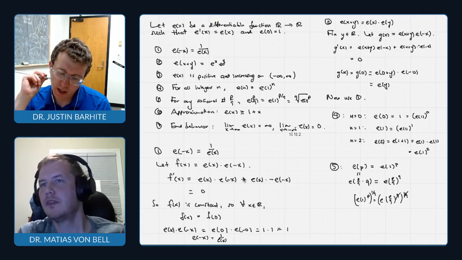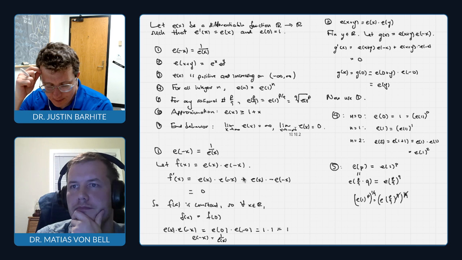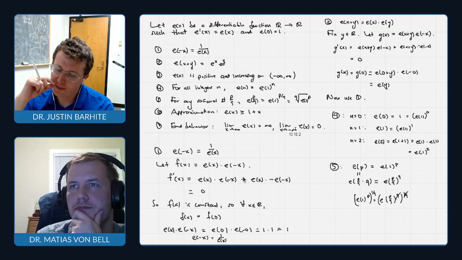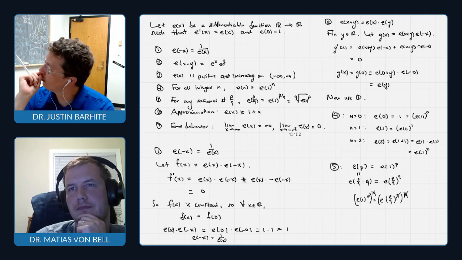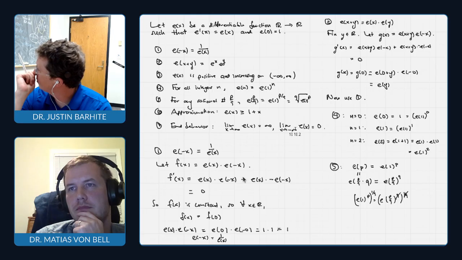You could prove all of these by defining e and then defining e to the x as well. I think it's tricky to prove all these properties starting with a different definition.